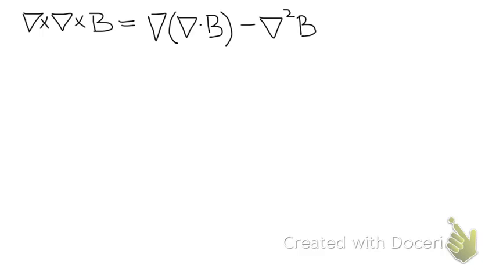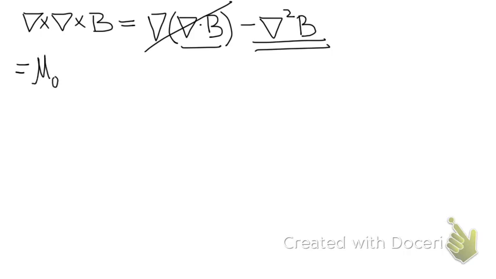So now we know that my divergence of B, this term over here, is 0, so I can just cross this term out, and so I'll be left with only this term over here. So let's write that down.